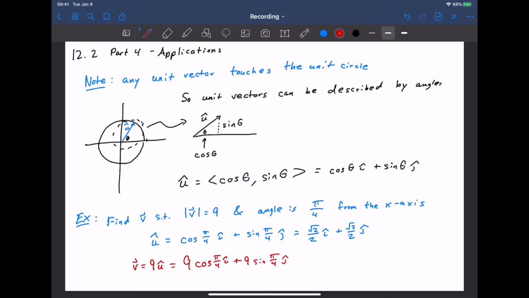And I hope you can see how you go right to this, as long as you know the angle and the magnitude. So it'd be 9 root 2 over 2 i plus 9 root 2 over 2 j. Very straightforward questions, to be honest.